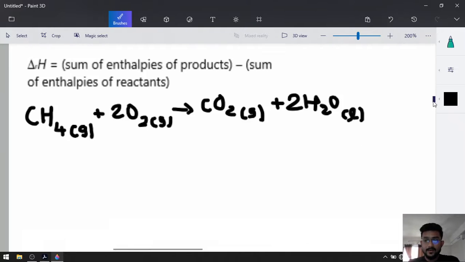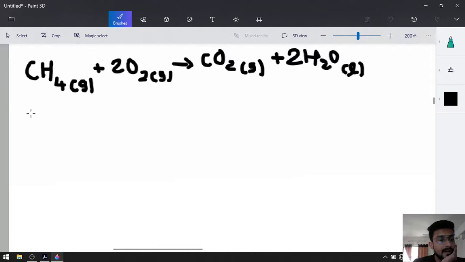Now, as we know, the formula is delta RH equal to the sum of the enthalpies of the products.